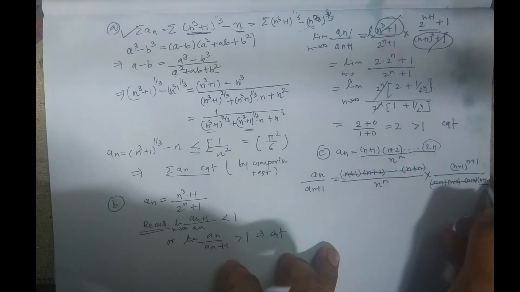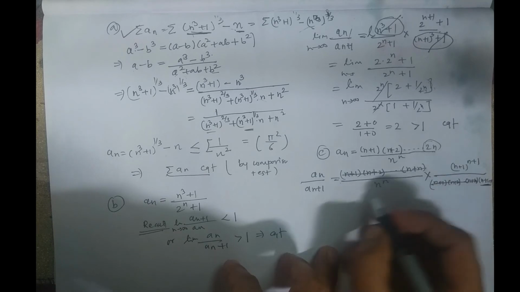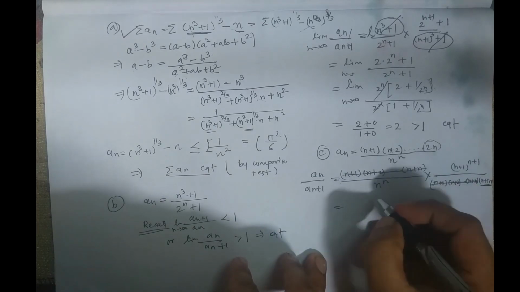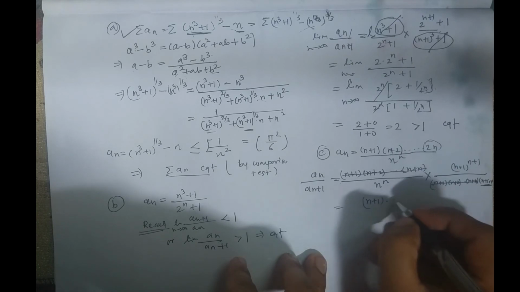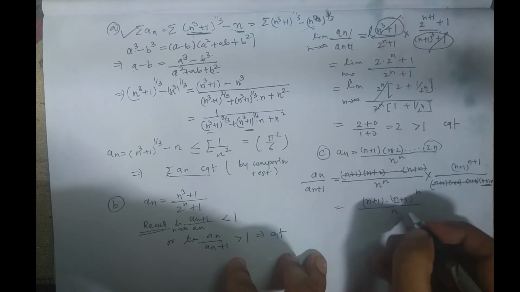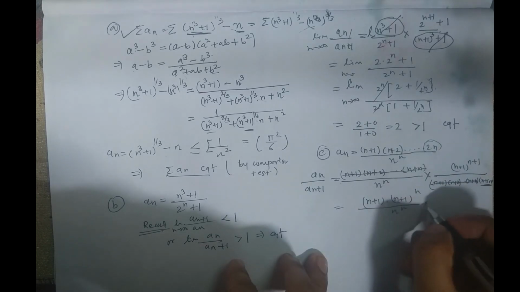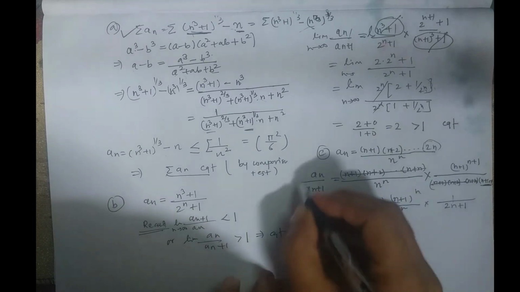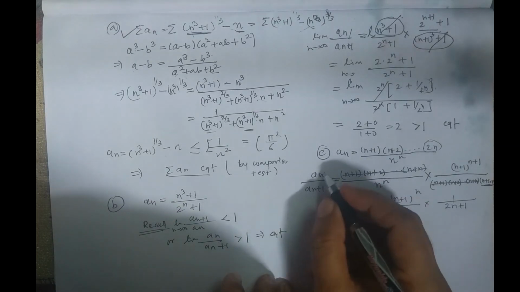We will be left with simply 2n plus 1 here. And this (n plus 1) raised to n plus 1 I can write as (n plus 1) into (n plus 1) raised to n, divided by n raised to n, and we have here 2n plus 1. So this is our a_(n+1) term.